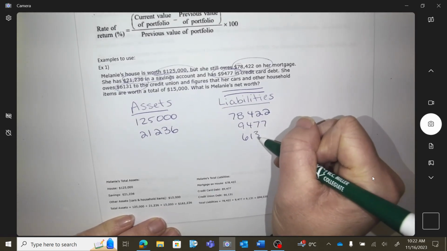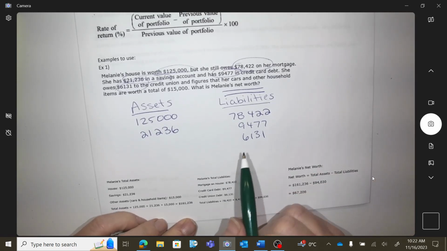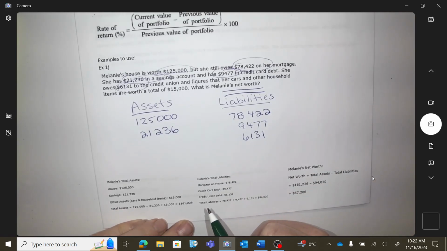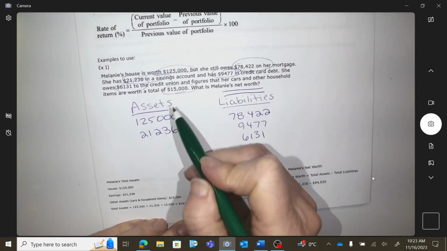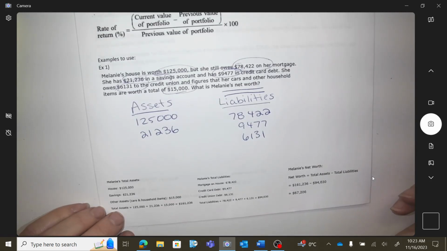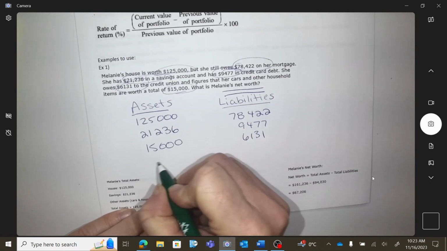So that's bad money. And the last one, she figures that her car and house stuff would be worth that much money. So that is good money.